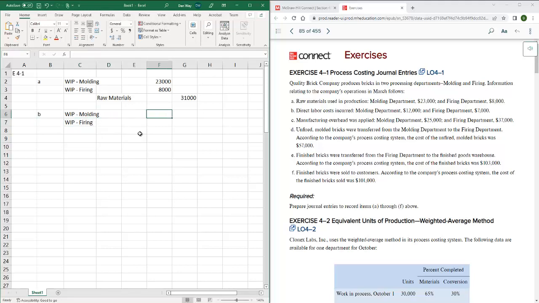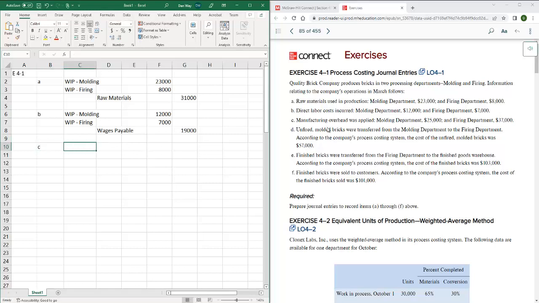And again, the molding department had 12,000 in direct labor incurred. Over in firing there was 7,000. So that's a total of 19,000. And in terms of a matching credit, it just says incurred, not necessarily paid yet. So any kind of wages payable or payroll payable type account is perfectly fine there.